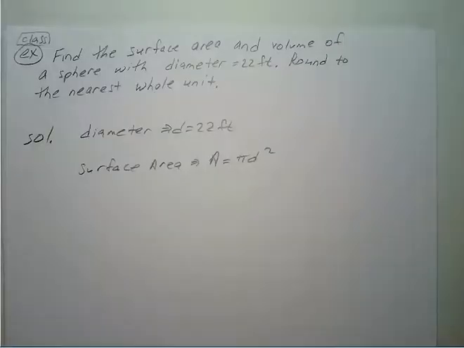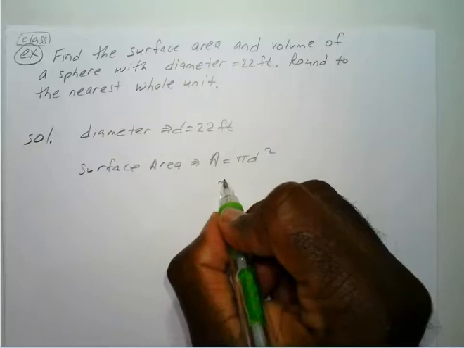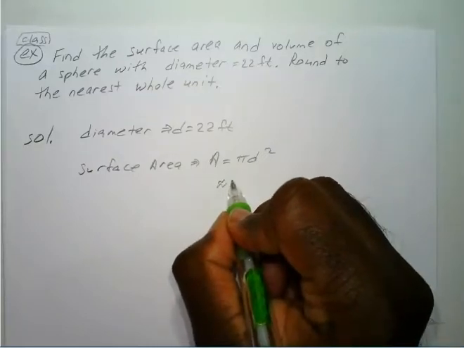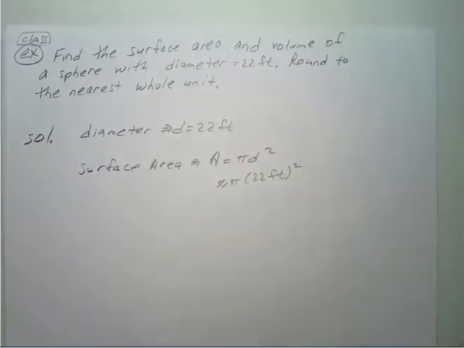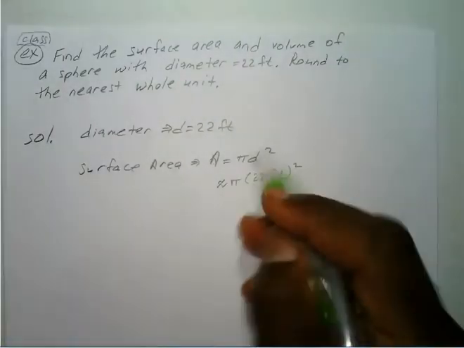All right, so we know that we're going to have pi times 22 feet squared. Well, it's going to equal that.